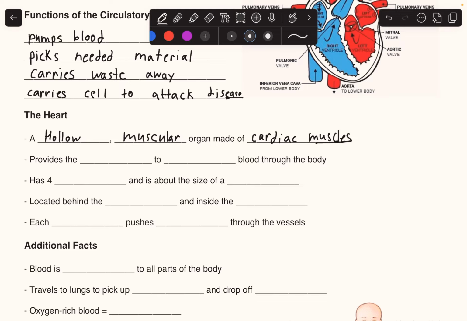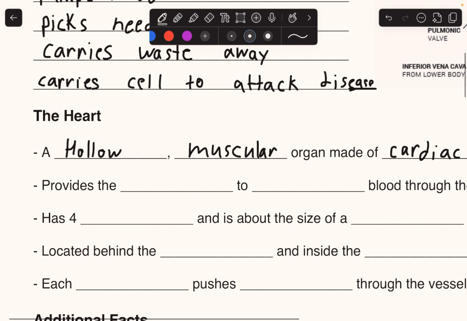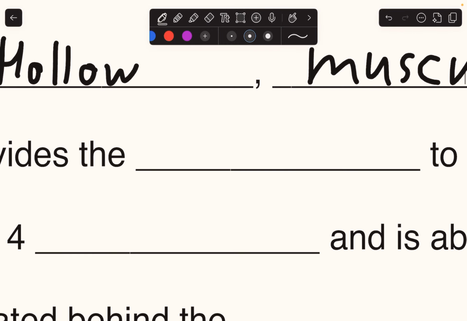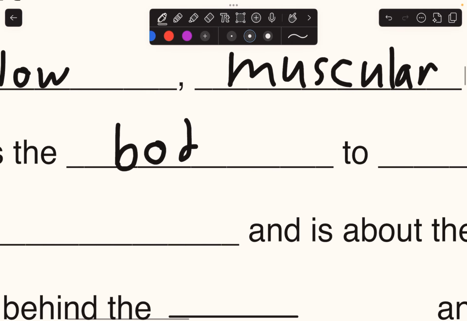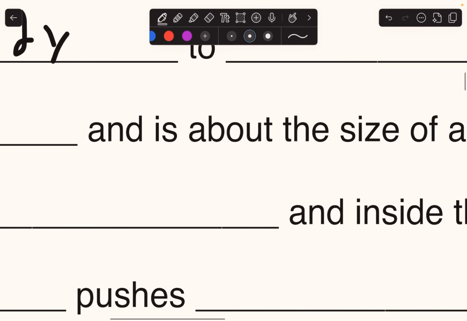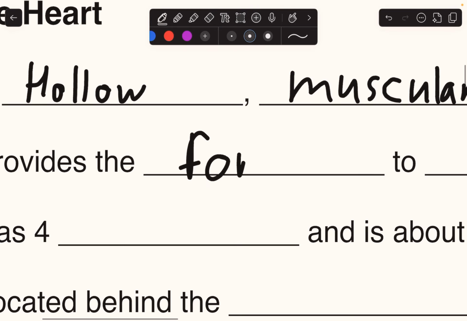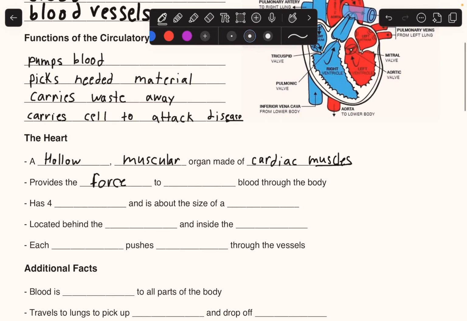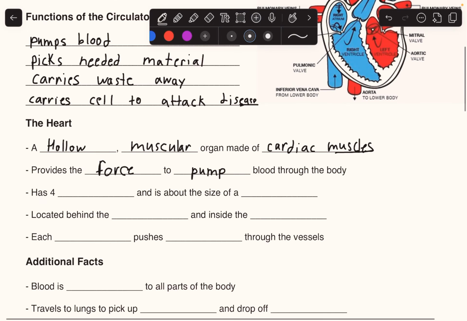So the heart provides the body the force to pump blood through the body.